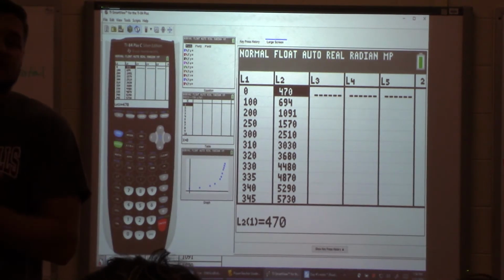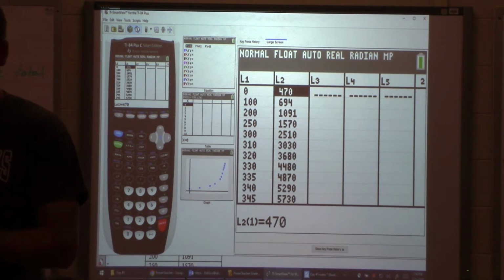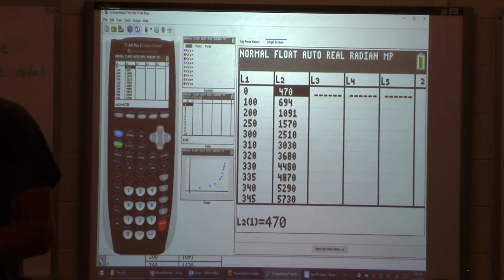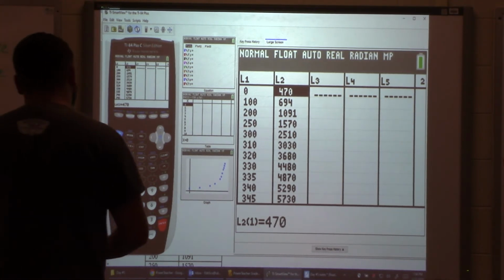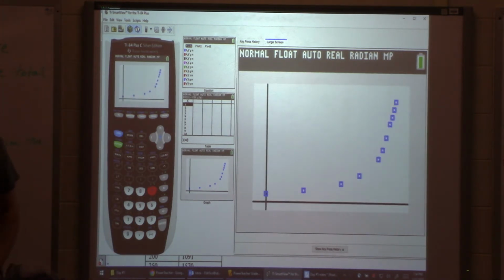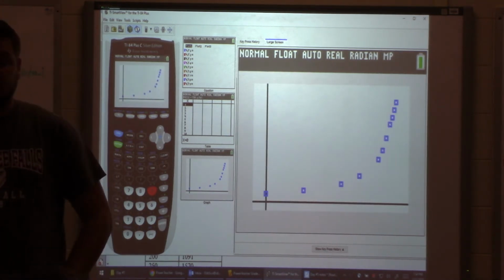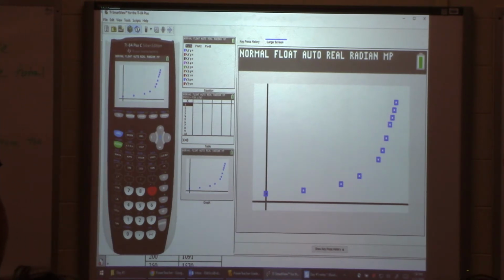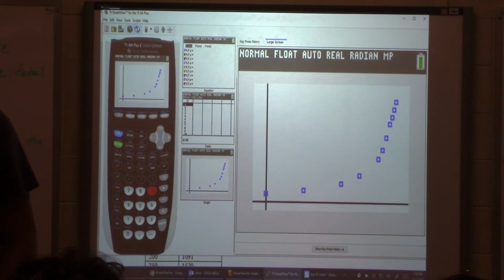On the homework, it is going to give you a set of data, like you just did. It is going to ask you, is this a linear or exponential regression? You're going to put them into your list as we just did. To tell the difference, you're going to hit zoom 9. And it should pop up all the points you just put into your list. Did it work? If it didn't work, check your y equals.